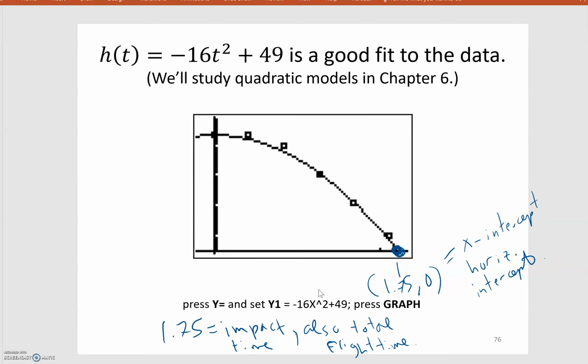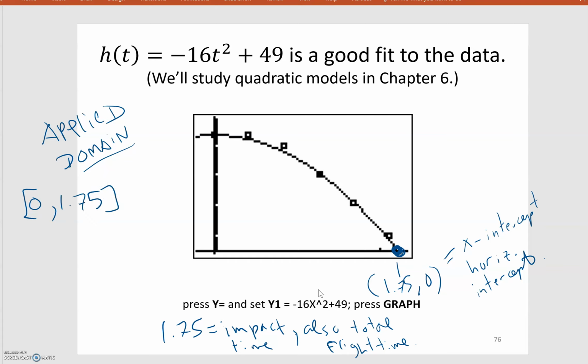This also tells you something about the domain. The applied domain for this, and notice that I said applied domain, not the full mathematical domain, but the applied domain for this would be 0 to 1.75.